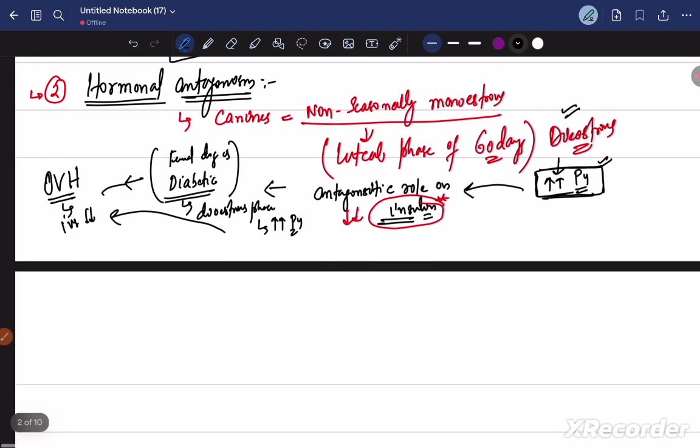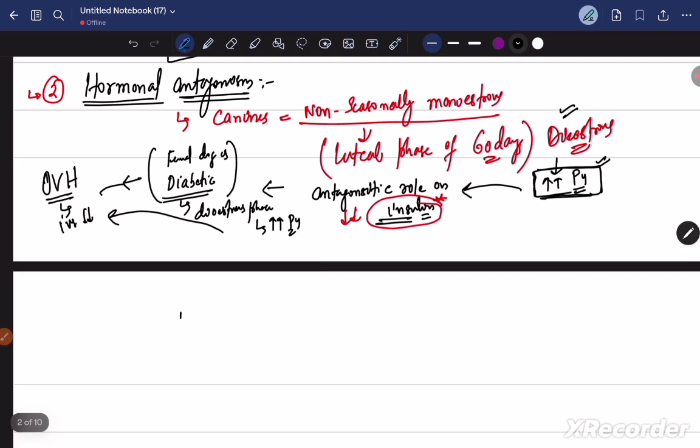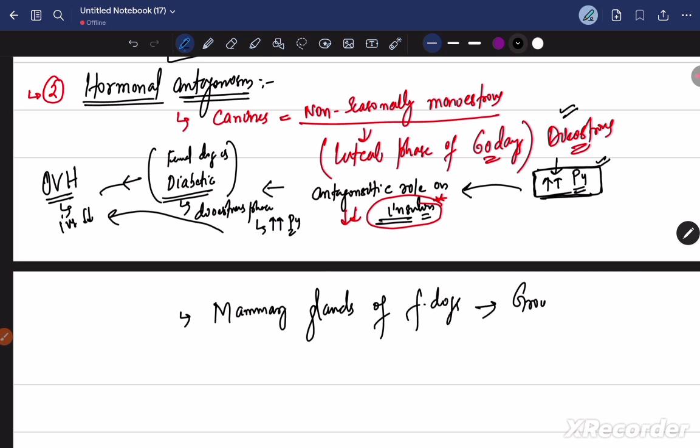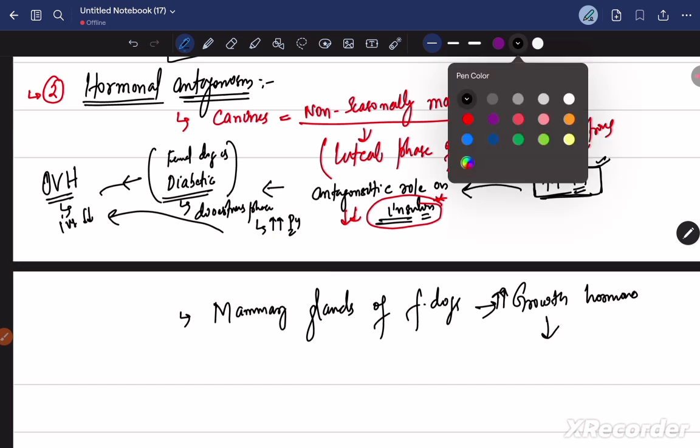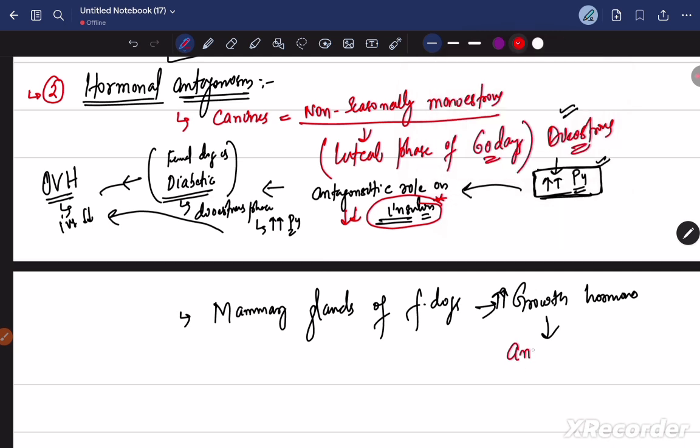Further, when these female dogs are in the diestrus phase, the mammary glands of female dogs secrete an increased concentration of growth hormone, and this growth hormone is again antagonistic to insulin.